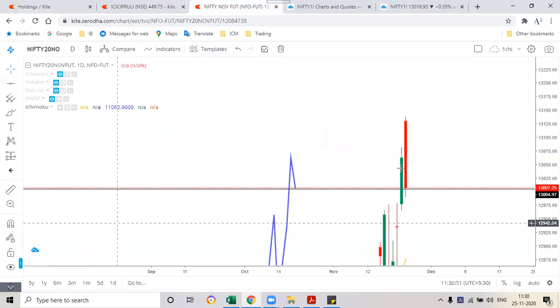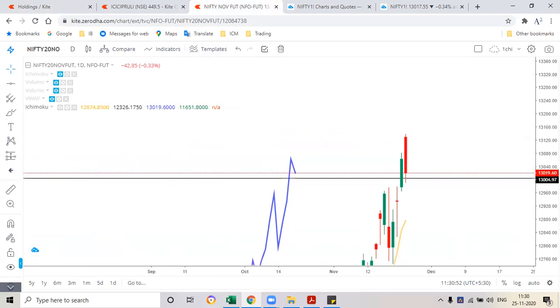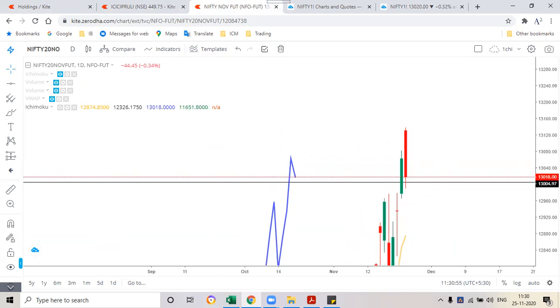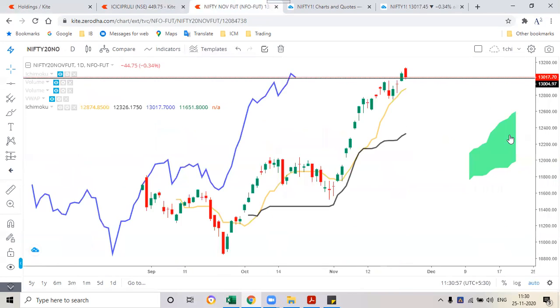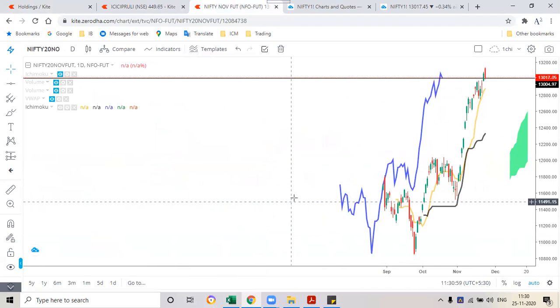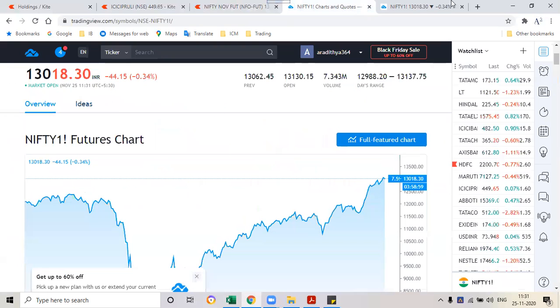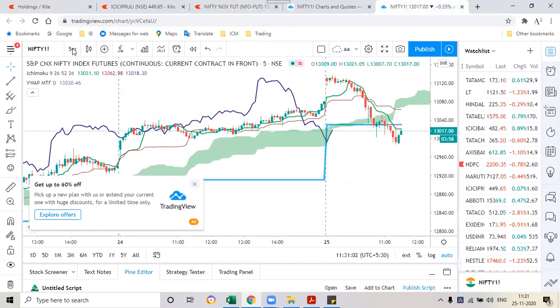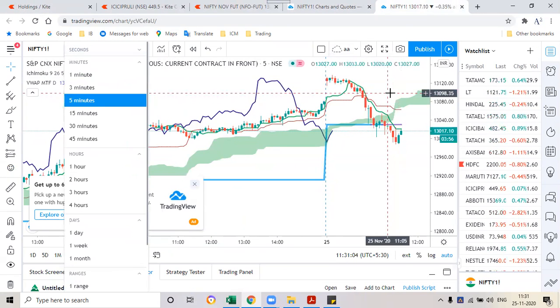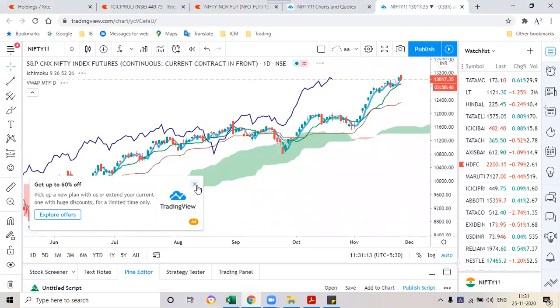If you see the daily chart, the Zerodha. Okay, go here. Daily chart.